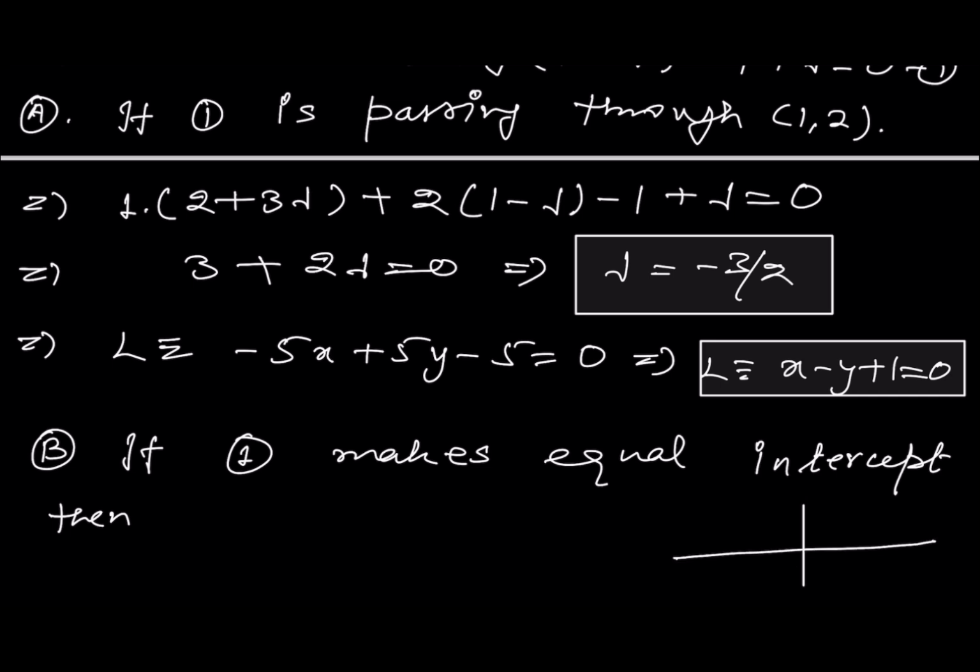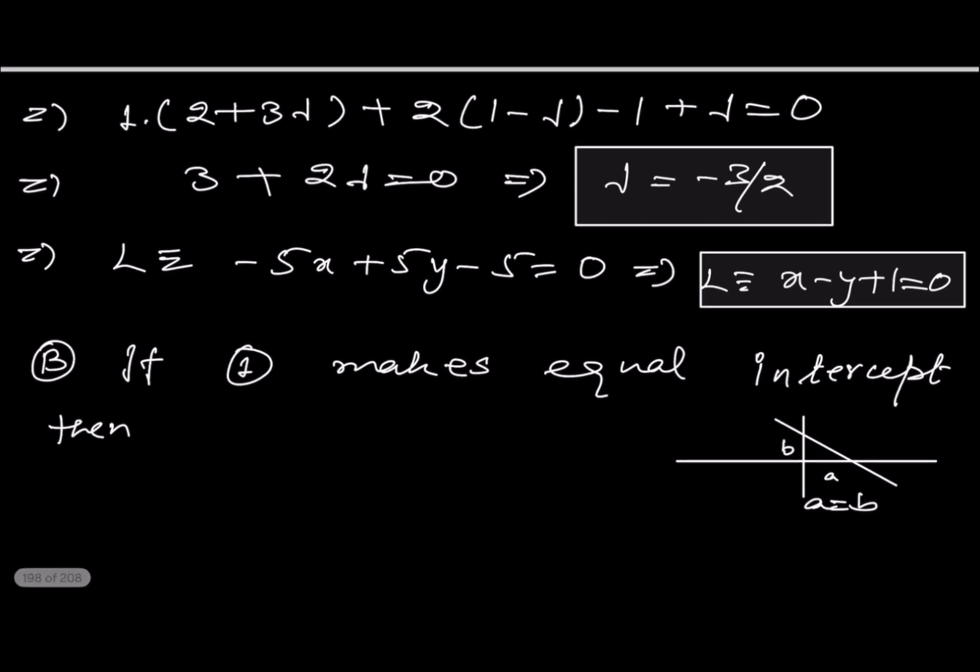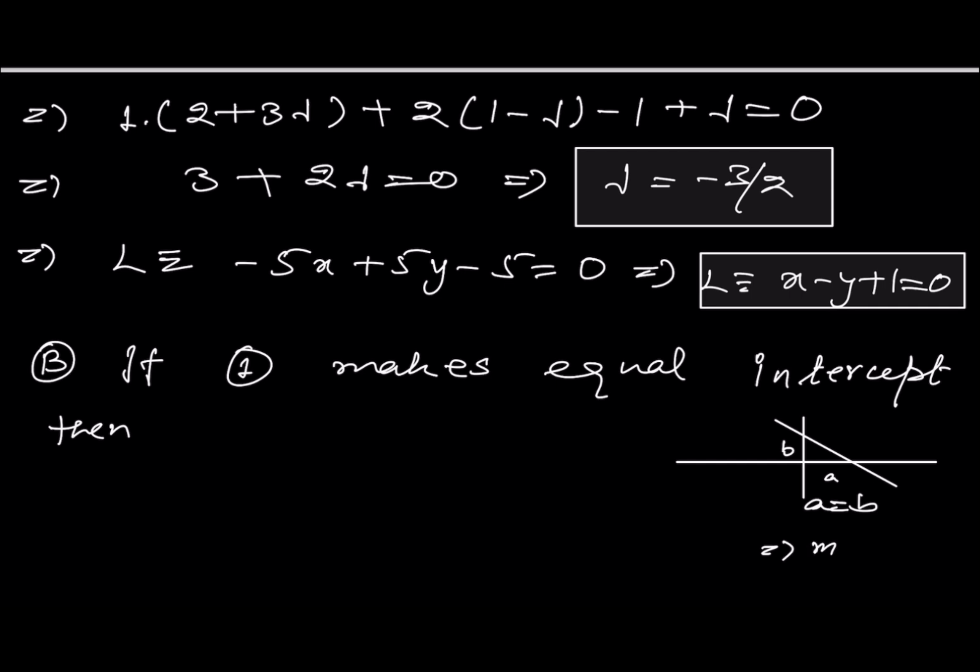Okay, if this line is making this A and B equal, A is equal to B, implies m is equal to minus 1, right? This is really important concept, because this angle is 135 degree.